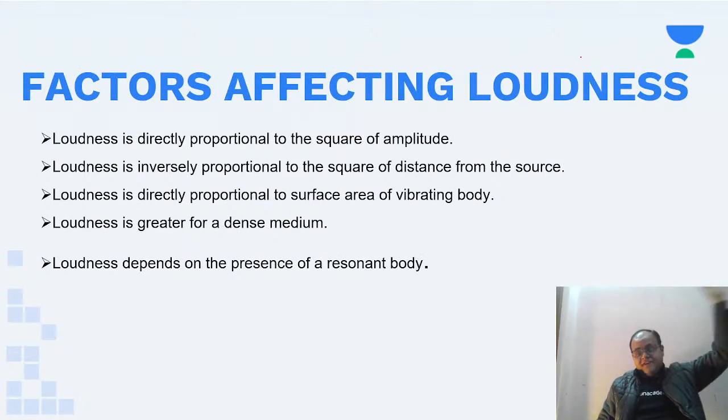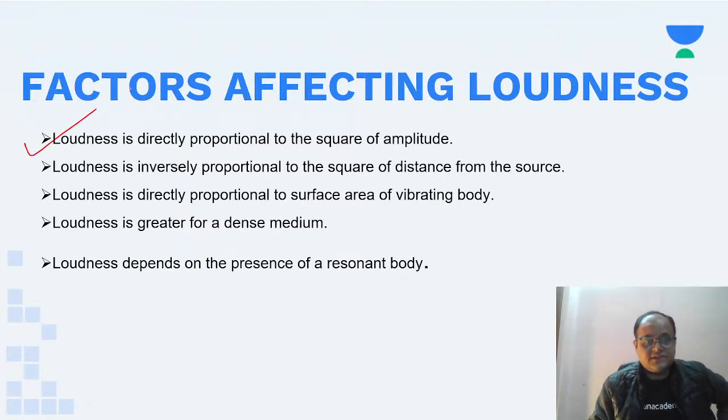Now, what are the factors that affect the loudness? The very first thing is, I've already told you that loudness is directly proportional to the square of the amplitude, and it does depend on the distance as well. If I say L is proportional to A square, L is proportional to 1 upon D square.